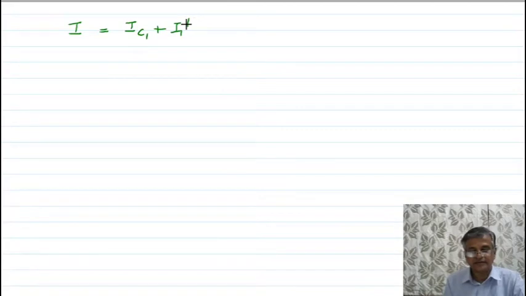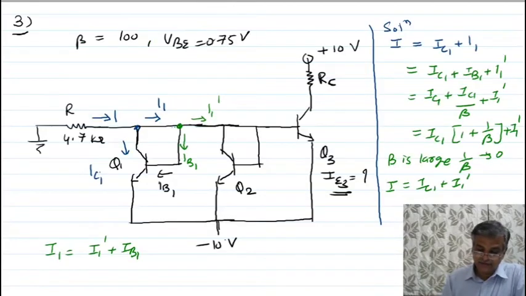I1 dash. Now, what is I1 dash? This I1 dash is nothing but the IC2. Look here, this I from this point. Let me write IC2. This IC2 plus IB2 plus you can say IB3.